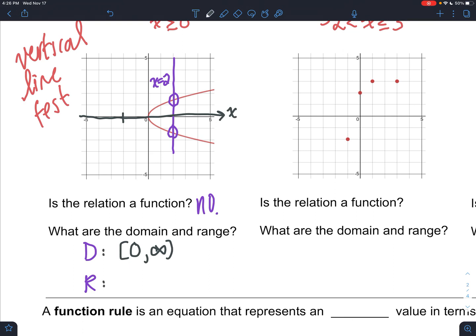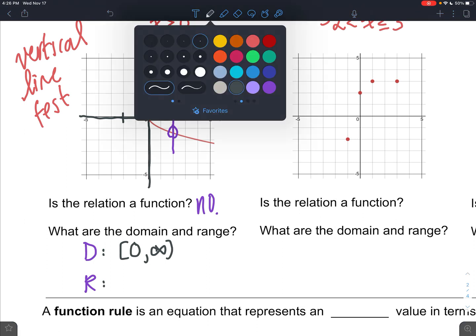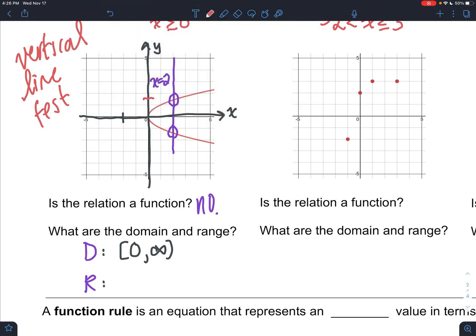And the range is the outputs, right? It's supposed to describe what y values this graph hits. So now we look here on the y-axis and say, all right, where does this red function go? Can it reach here? Can it reach down here? Can it reach here? And because this graph does go on forever, the range for this is all reals.